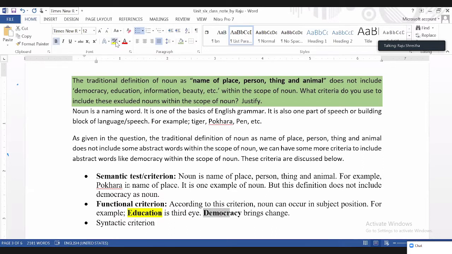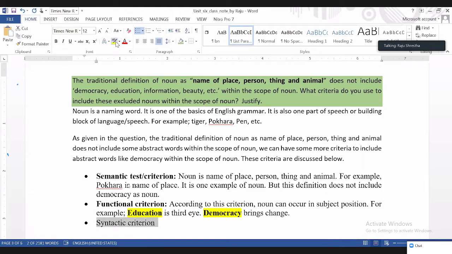You test nouns, verbs, adverbs, adjectives, prepositions, articles, interjections, conjunctions, all of them, with these three tests: semantic means meaning, the traditional convention definition; functional means where they occur, in different positions and locations; and syntactic means how they are formed.